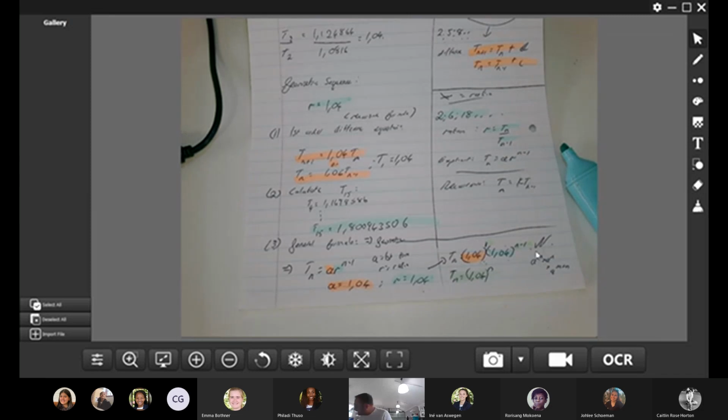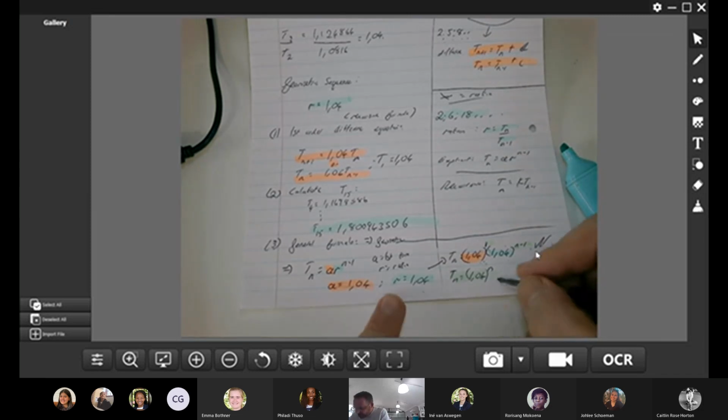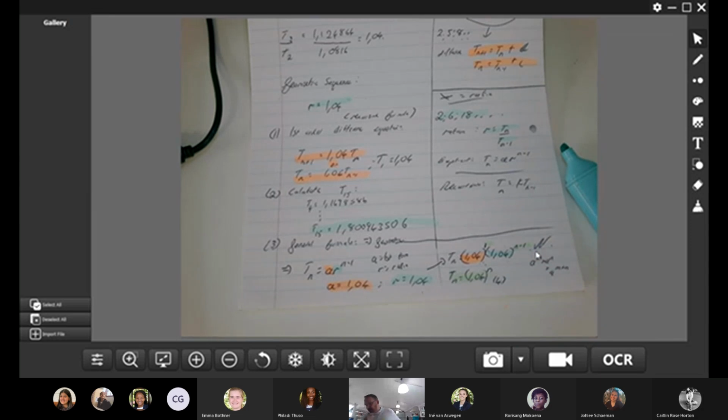And then the last question, and then Caitlin, you're off the hook, and so is your father, is 4. Now you've got a formula, they want you to find the value of term 30. So what do we simply have to do? You substitute 30 in for n.